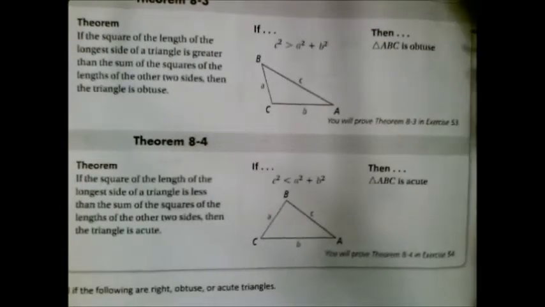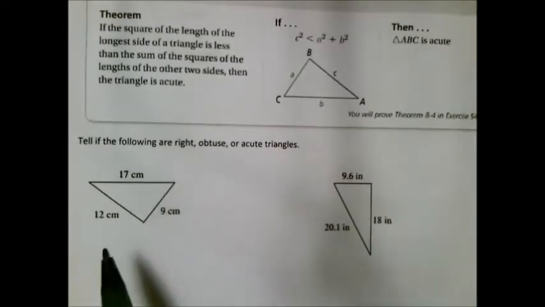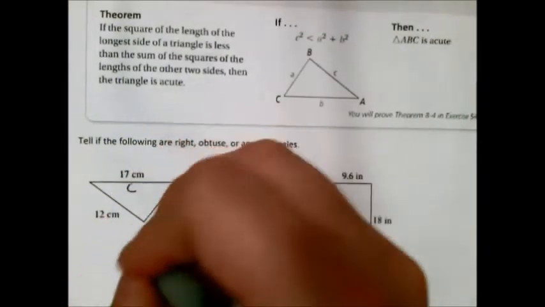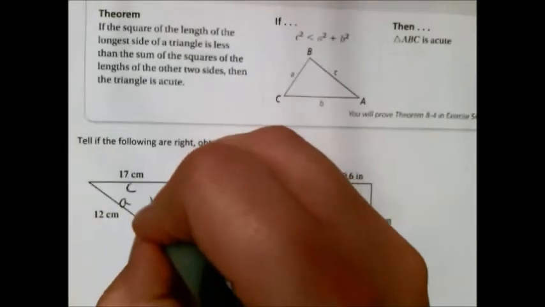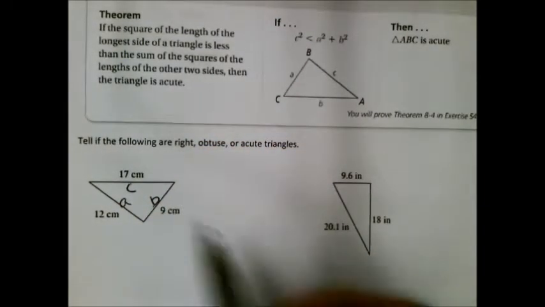So let's test this out. So we have 17, 12, and 9. So we know our C, it's that. The A and the B do not matter, considering it doesn't matter which side we label it.